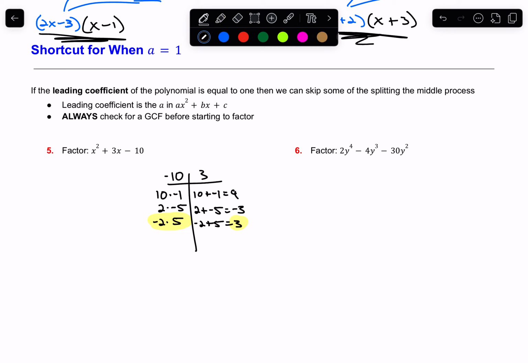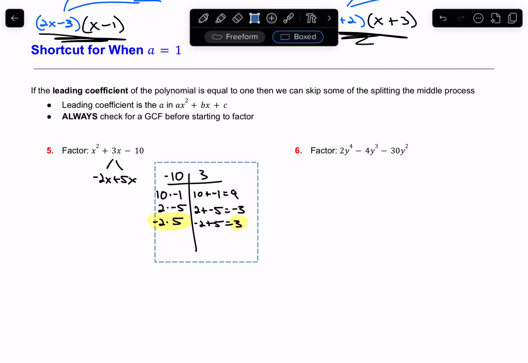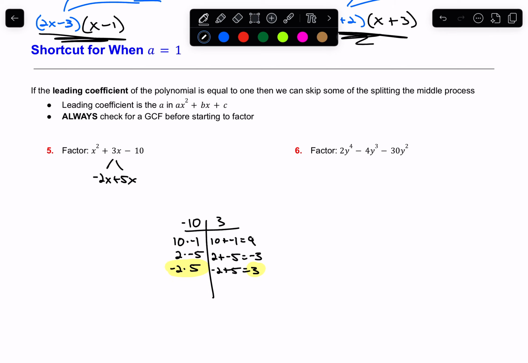So I can split the middle, 3x here, into negative 2x plus 5x. For this one, I'm going to do it the long way, but then we're going to see the shortcut appear. So I put the x squared in front and the minus 10 in back. By splitting the middle, like I just did, I can now factor by grouping. So I put parentheses around x squared minus 2x and parentheses around 5x minus 10.